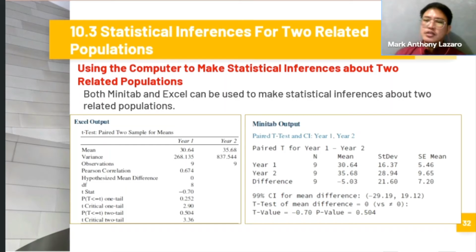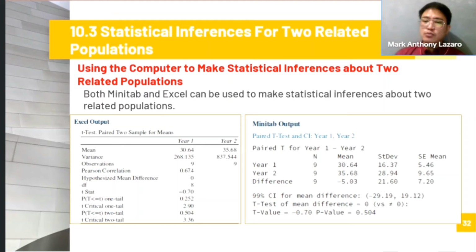Next slide. Using the computer to make statistical inferences about two related populations, both Minitab and Excel can be used. The figure in the slide shows Minitab and Excel output for the price-earning ratio problem.